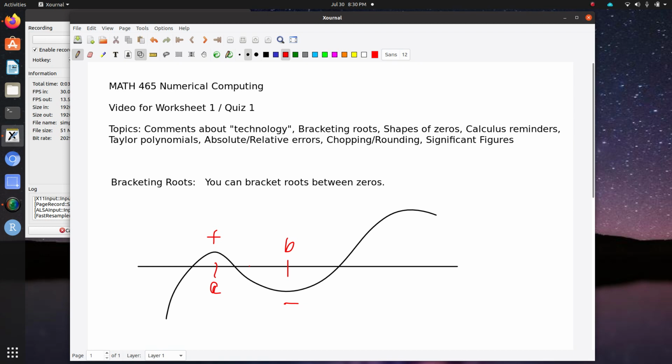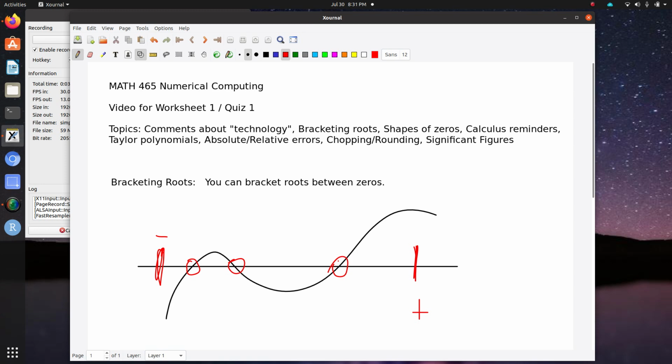However, I'm sure you know that this isn't always that cut and dried. Sometimes we have multiple zeros. So for example, over here our function is negative at this point, and then at this point our function is positive, and it only guarantees a single zero, but there could be, for example, 3 zeros inside that interval.